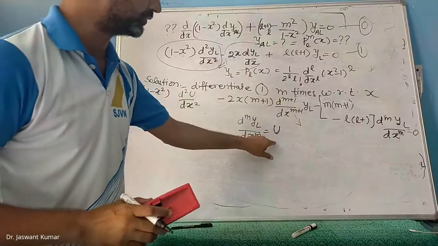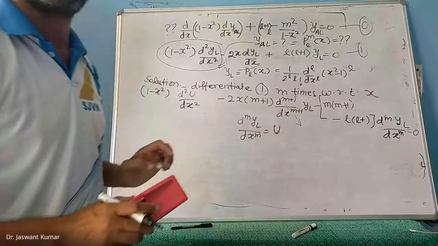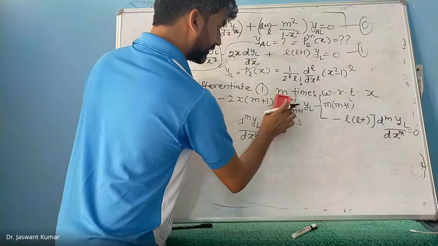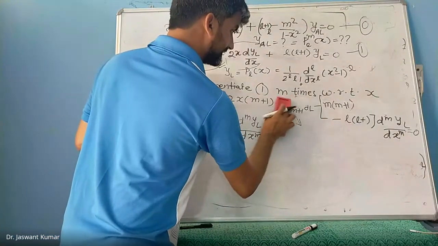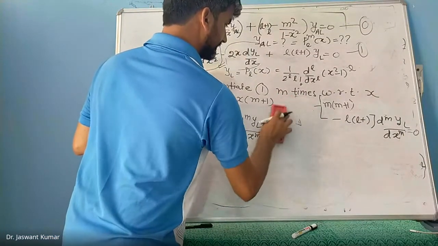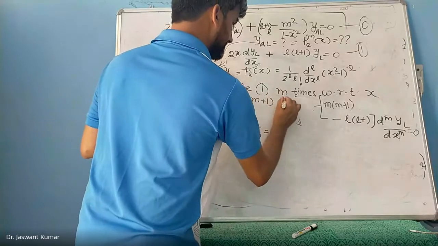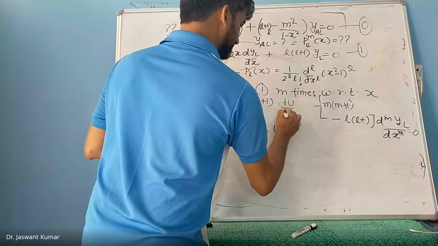In terms of u, I want to remove this YL somehow. I do not like this. DYL by DX. Say that again. No, DU by DX. Du by dx. Yes. So I remove this term and write du by dx.